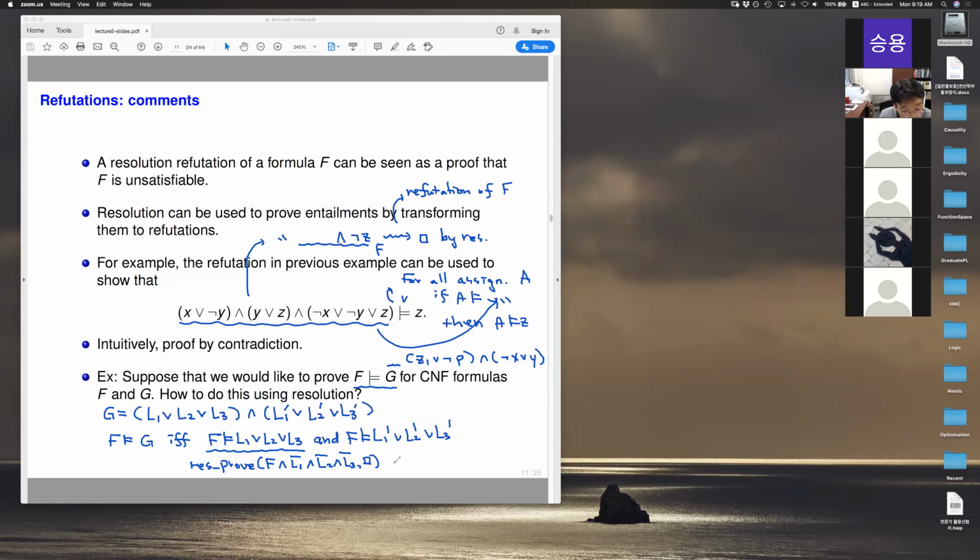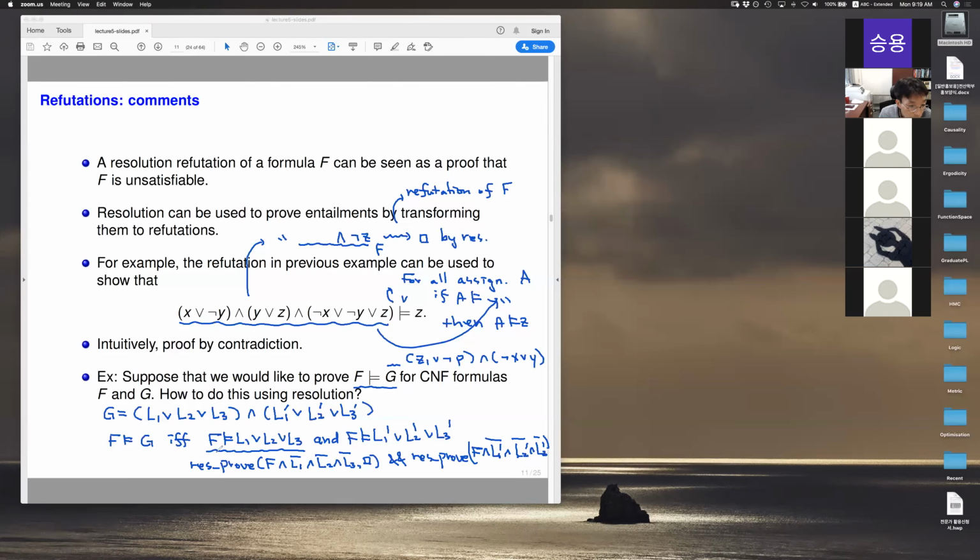And then the final outcome shouldn't rely only on this one; we should also check the second case. I will use the notation from Java: just say double ampersand and call the resolution prover. The second case is F with essentially the same thing, L1 prime bar and L2 prime bar and L3 prime bar.